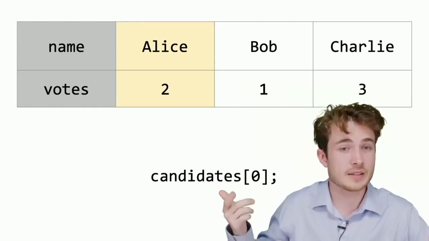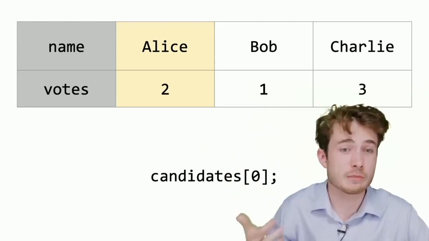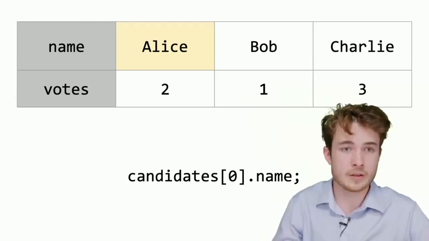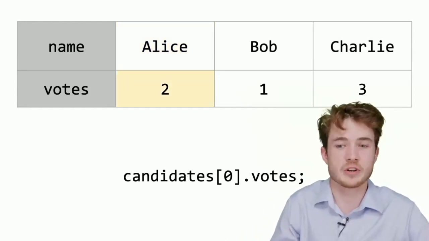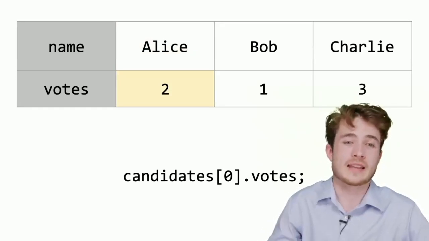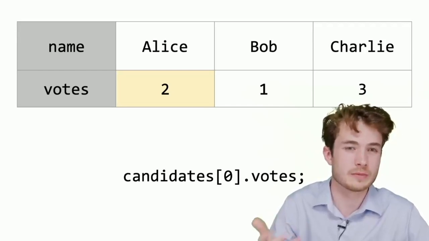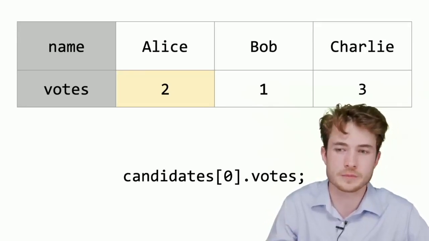But if I wanted to get maybe just the candidate's name, I could do as follows. I could say candidates bracket 0 dot name or similarly candidates bracket 0 dot votes. And that would allow me to get not just the whole candidate at that array location, but the actual attribute I'm interested in here as well. All right.